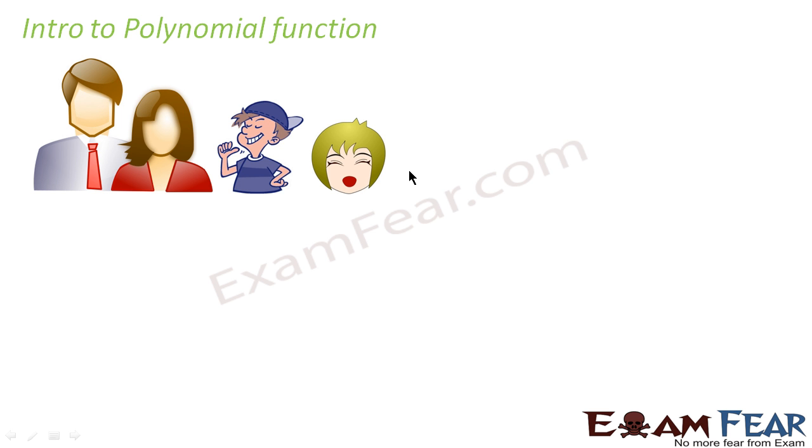This is a sister, this is the little sister, and this is, let's suppose, the big brother, big bro, and this is mom, and this is dad, correct?